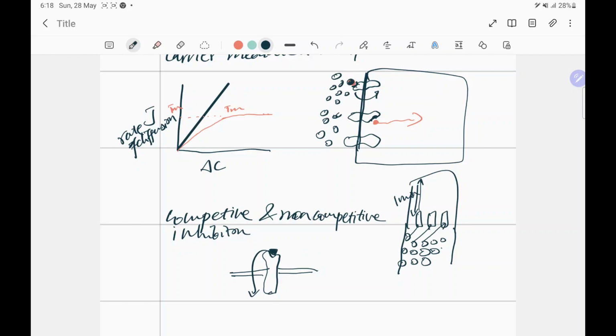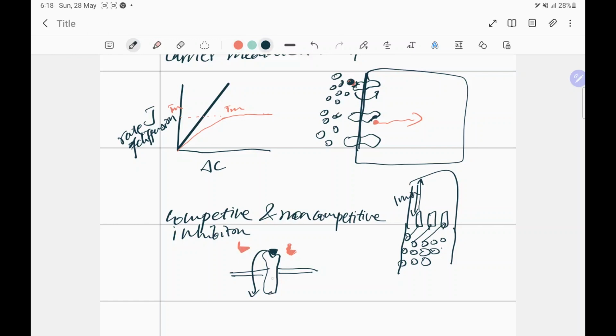Now, there is another molecule I'm going to draw in red, which has a very similar structure, but is definitely different. You can see I'm drawing it a little different, but the shape's complementary. It could bind to that carrier protein. So if you put a few of these red molecules on this side of the membrane, there is a chance that you are going to compete for the same binding site.